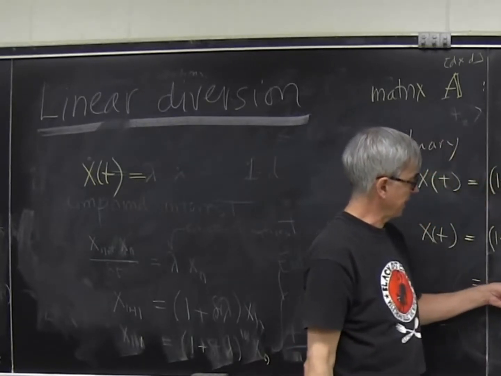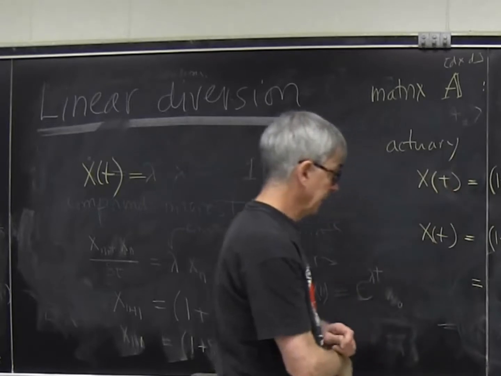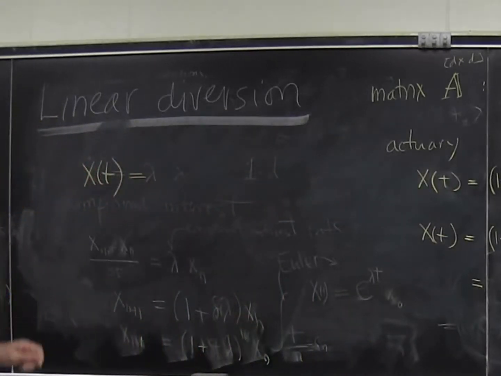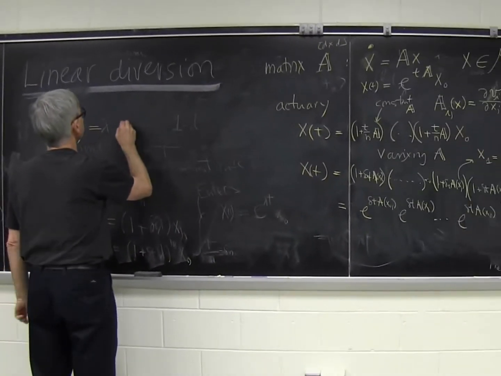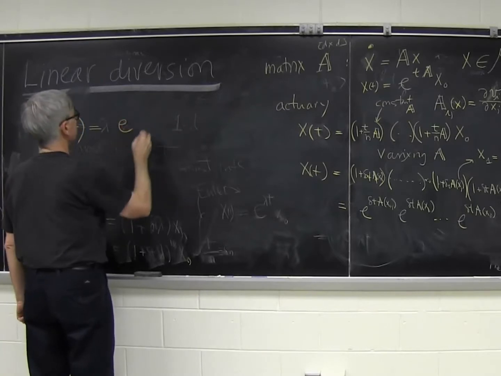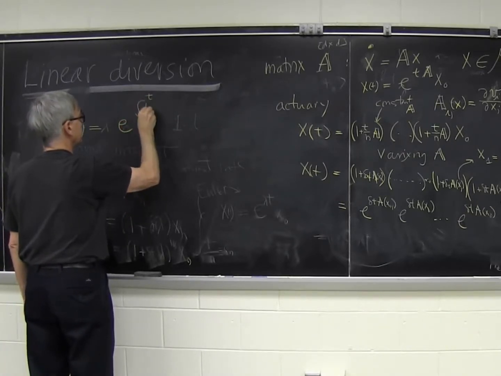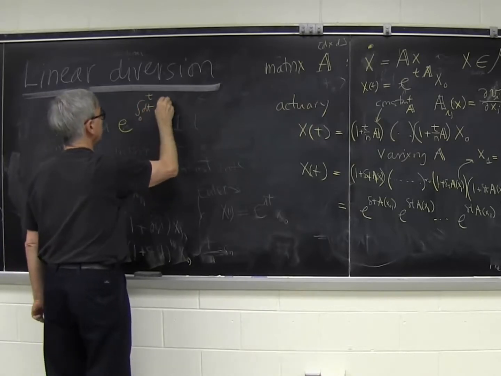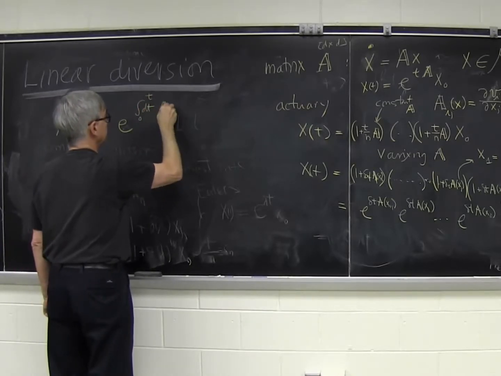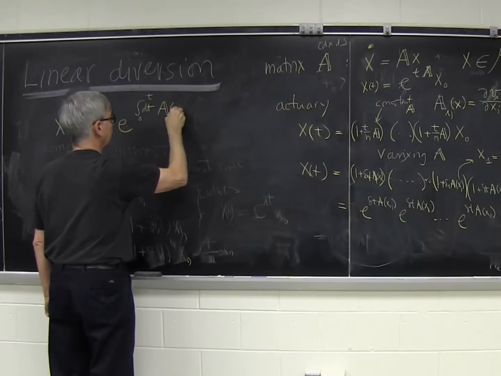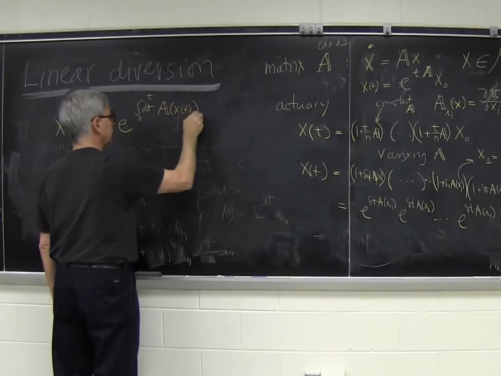Then I see that I have a sum over delta t's. When delta t is small, the sum is called an integral. So I can write this as e to the integral from 0 to t, dt A of x of t. So you can take a continuum limit.